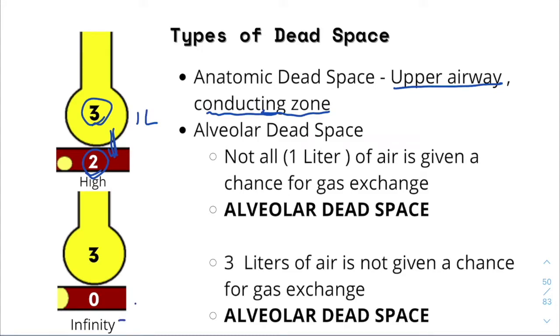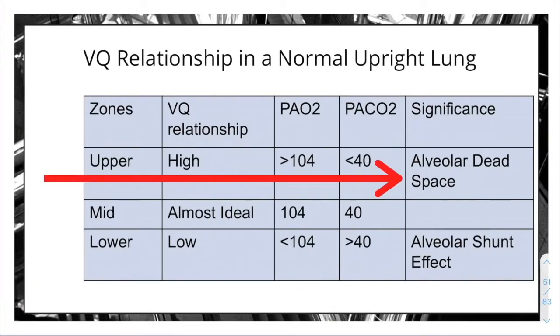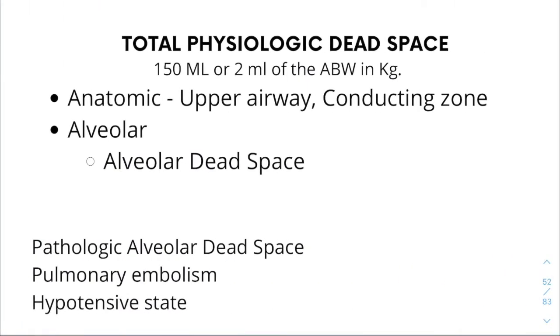In VQ of infinity, you have 3 liters of air which is not given a chance for gas exchange because of complete obstruction. So this is also your alveolar dead space. In a normal upright lung, in the upper lung zone, you have a high VQ, so normally you can find your alveolar dead space.